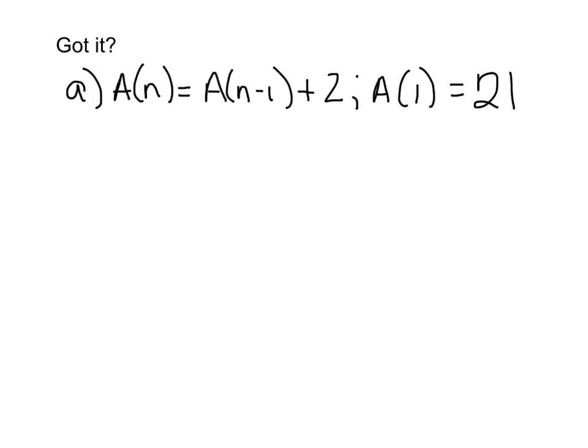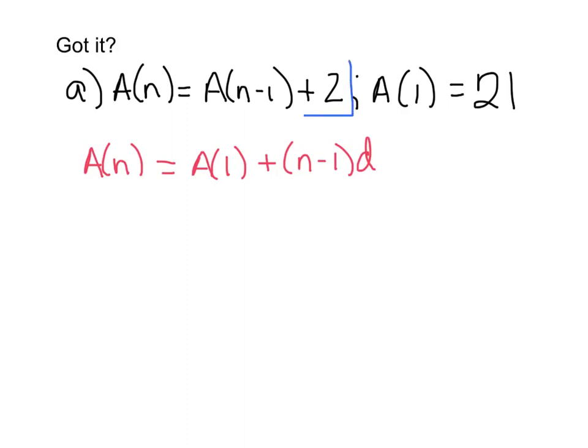Now let's review what the explicit formula is. This should be really easy because all we need to know here is A of 1, which is our first term, and d, which is our common difference. So all we do is look here and realize this is our common difference. This goes in where d is. This is our first term, A of 1.